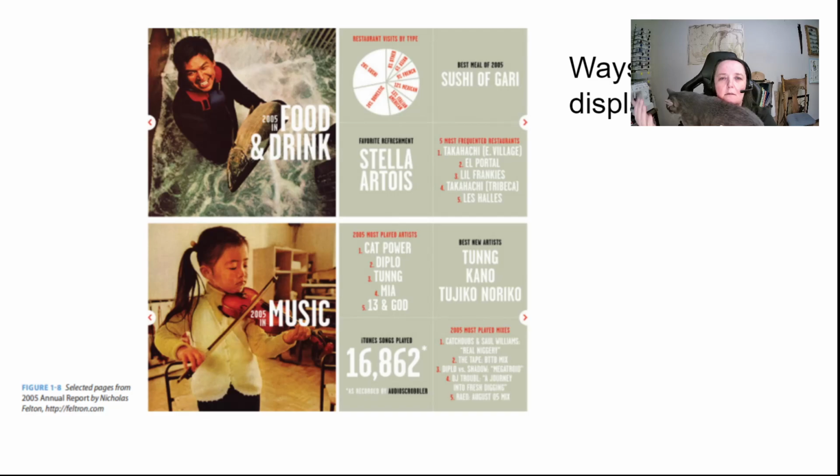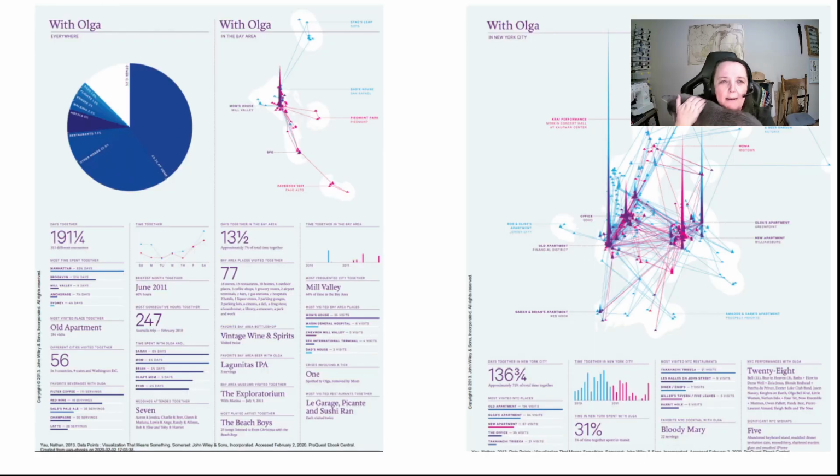Okay, so here are some more examples of some interesting data collection and data visualization. Here are a couple pages from a book where we're talking about times spent with Olga. We don't know who Olga is exactly, but maybe a friend. So we've got Olga everywhere, Olga in the Bay Area, Olga in New York City. We've got a kind of a map showing activity points in each of these locations.